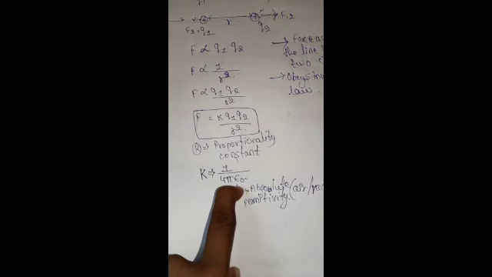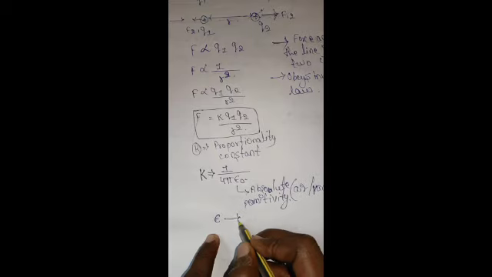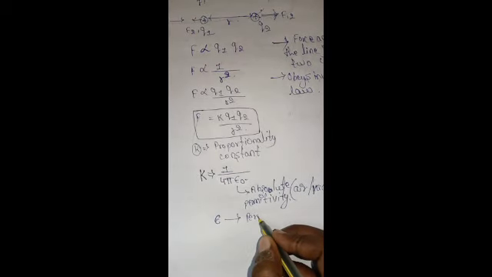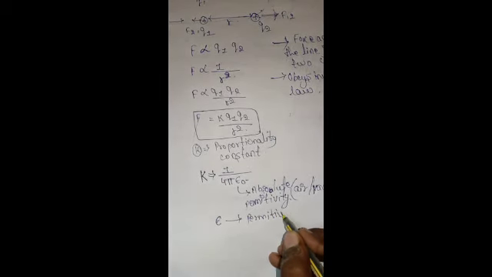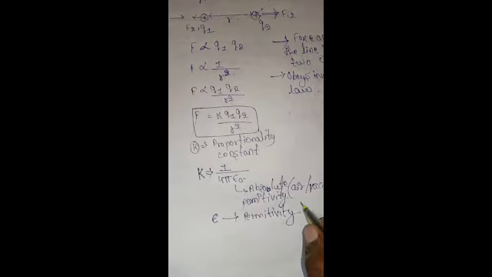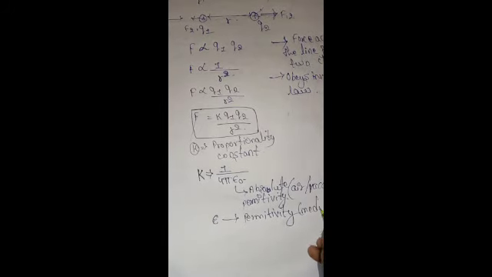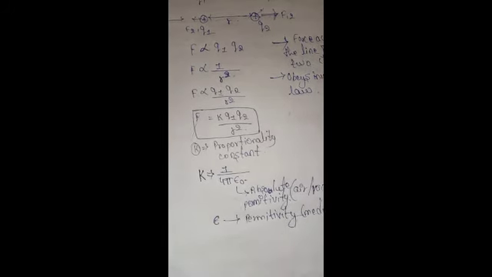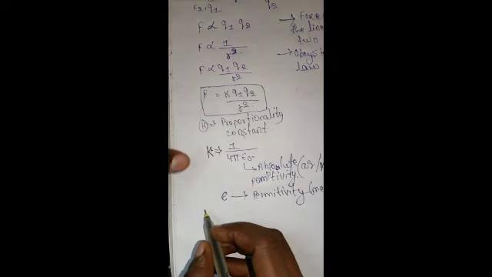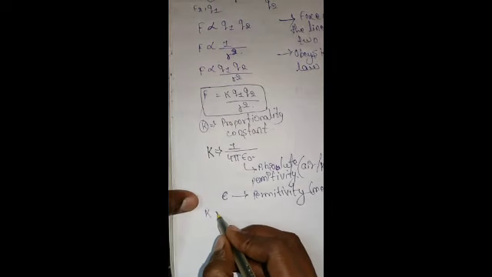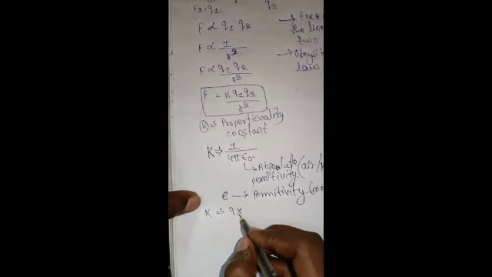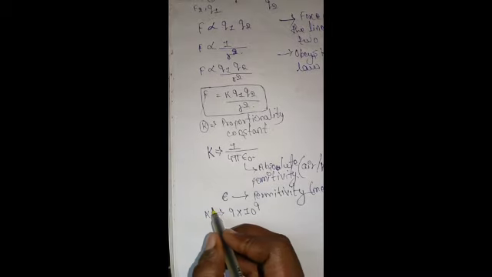In any medium it is the permittivity. So the value of k is equal to 9 into 10 power 9.